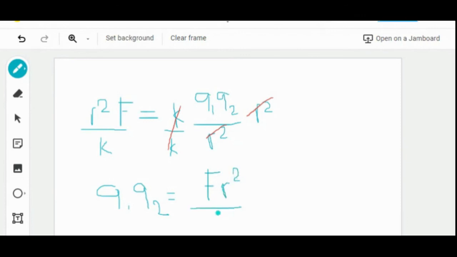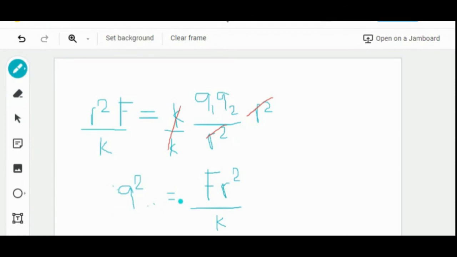all over K. And remember that these two Q's are identical and they have the same magnitude, so we can just write this as Q square.